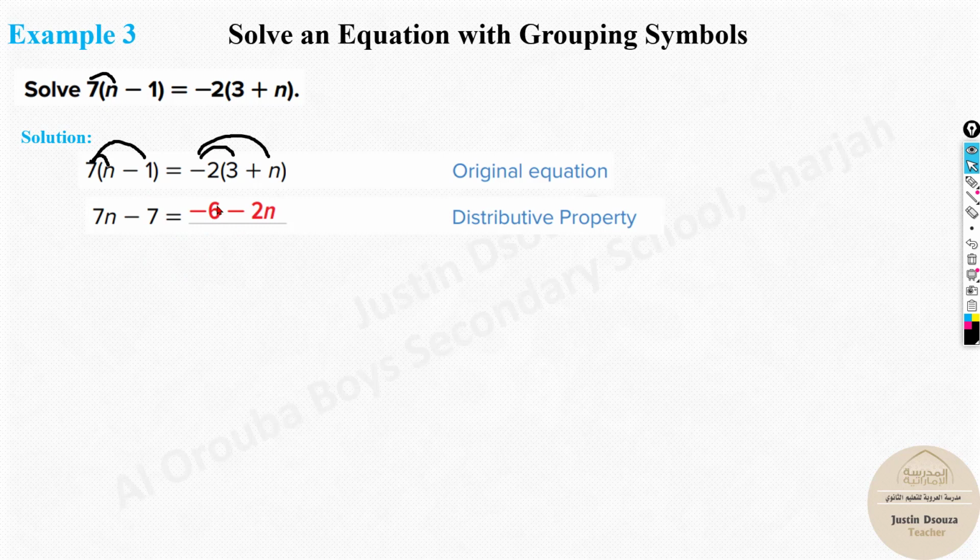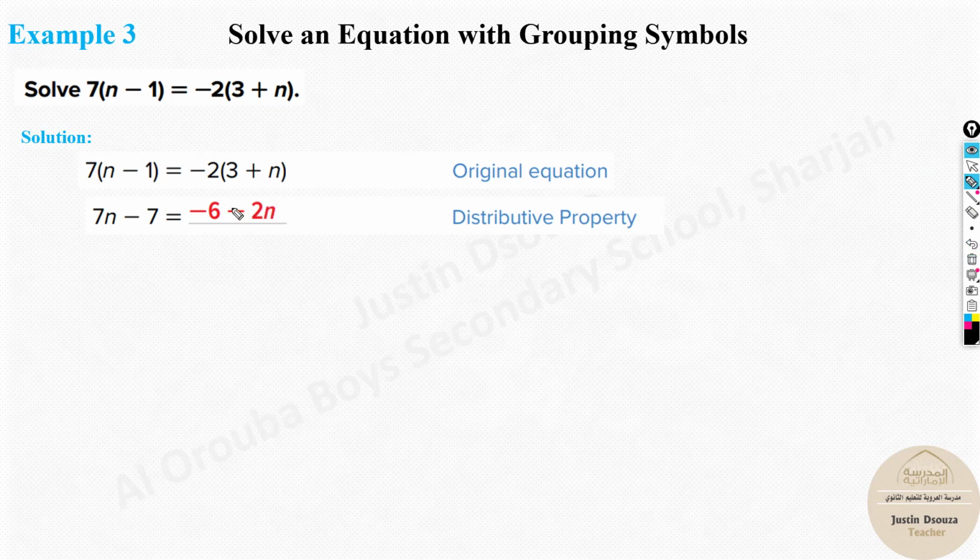Now then, what we do is we will move this, see which is bigger over here, 7n or minus 2n. 7n is bigger, so keep that over there and take this to the other side. Or you can add 2n on both the sides, so it will be nullified at the right side. And you can simplify over here. 7 minus 2 will be 5.